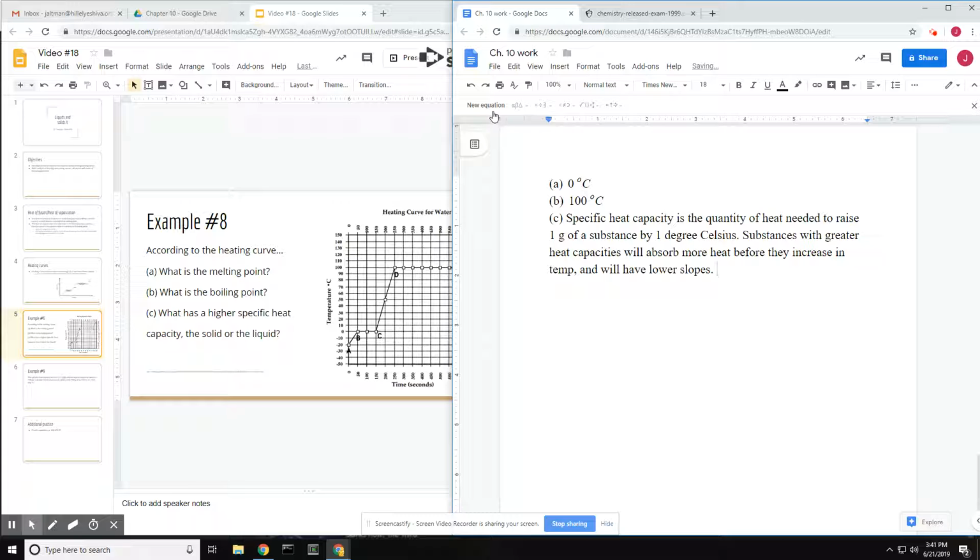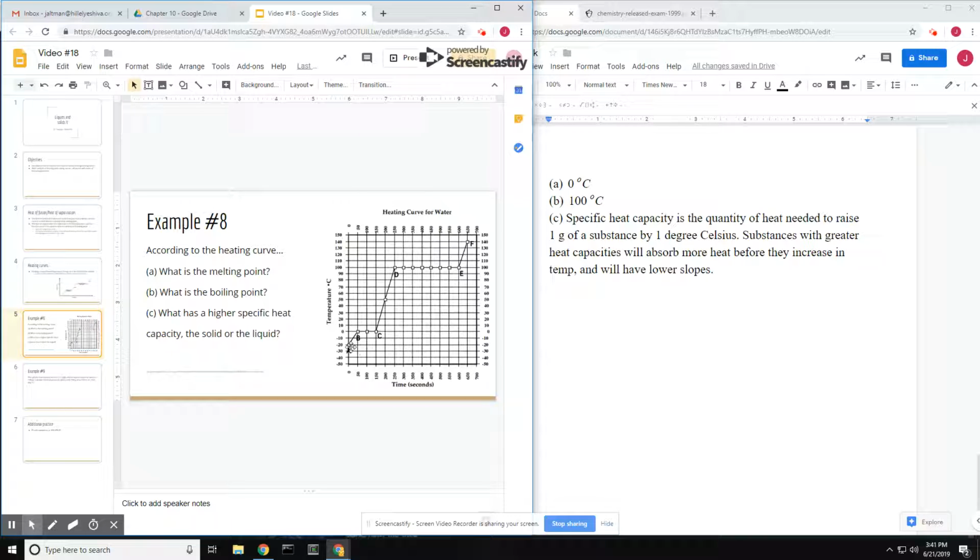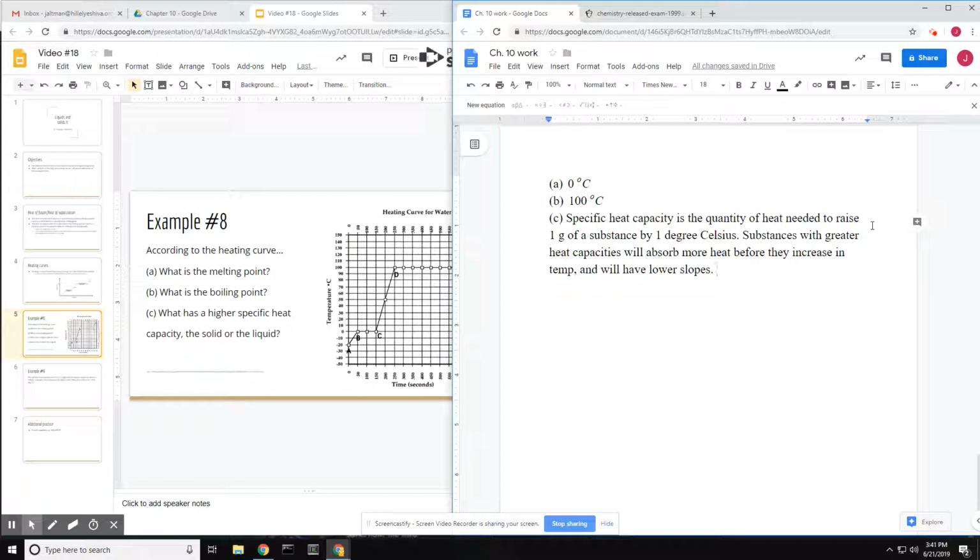Then we want to see what has a lower slope, the solid or the liquid. The solid rises from -20 to 0, so 20 degrees over the course of 50 seconds, whereas in that same time period, the liquid rises about 50 degrees Celsius. So the solid has the higher heat capacity.